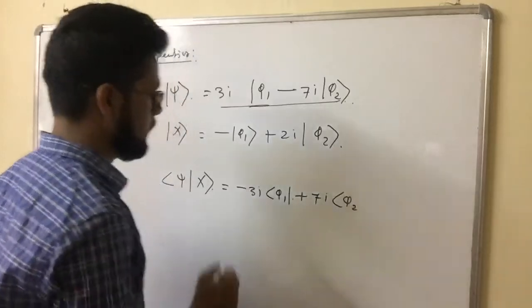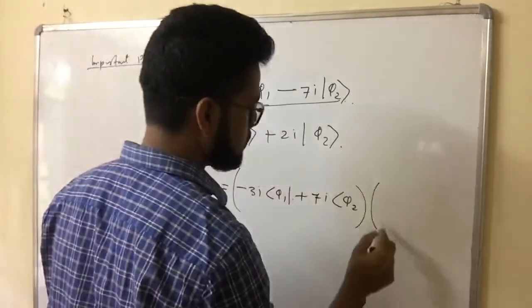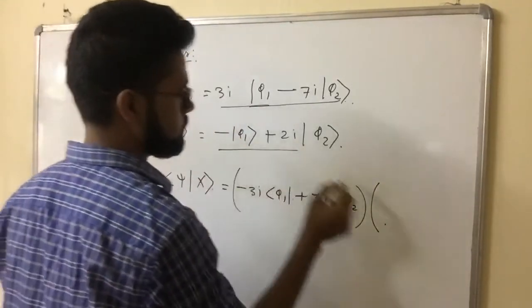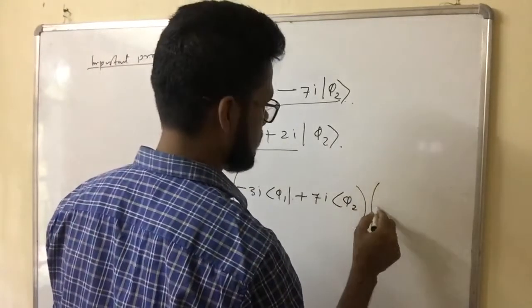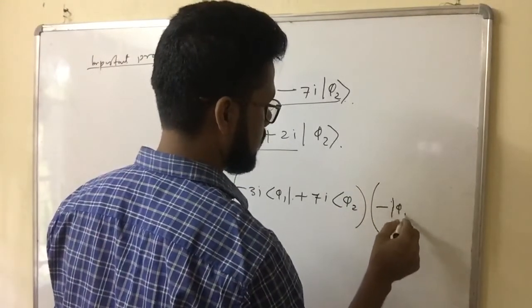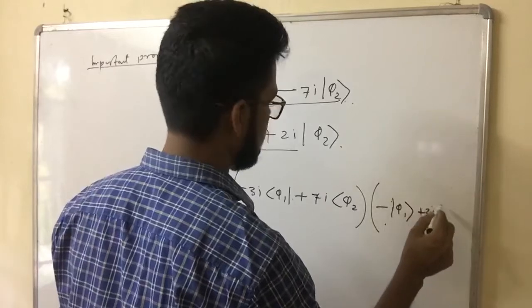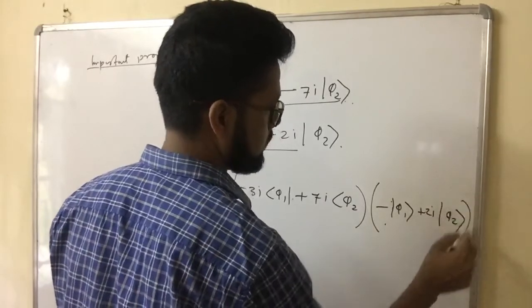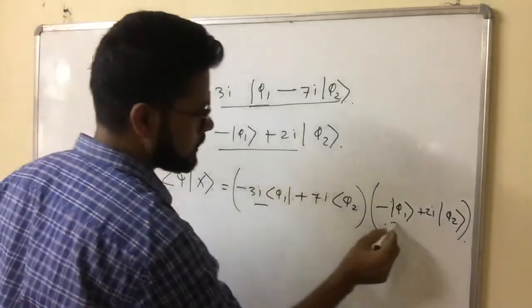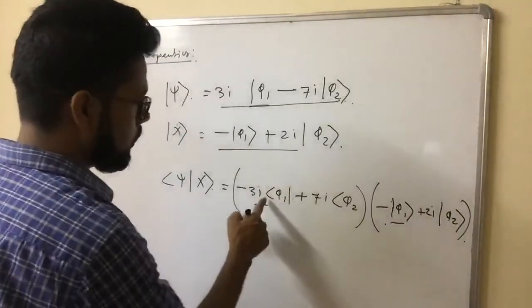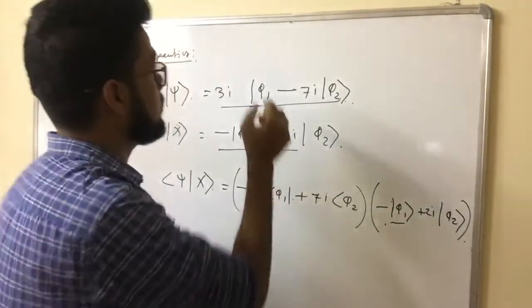And then take the product with this one, minus phi 1 plus twice i phi 2. Now you multiply with this one, like a vector formula.